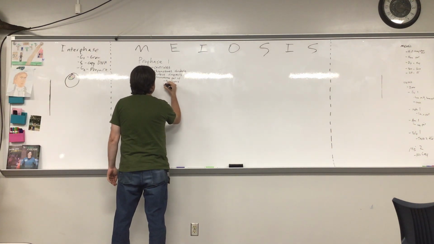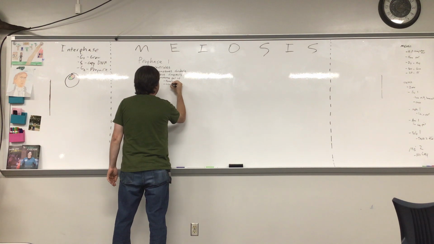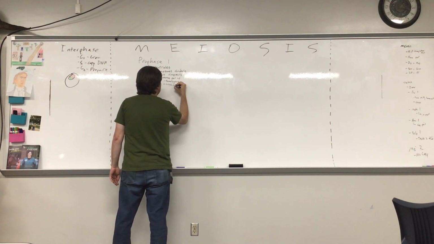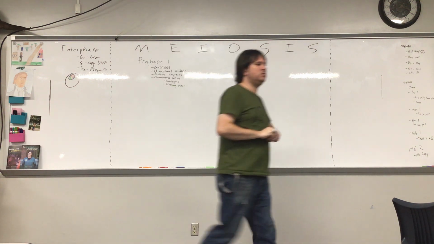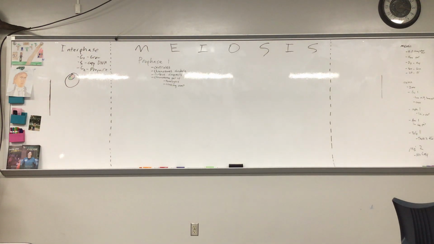And with those homologous pairs, you also get a thing called crossing over. So it's the same as prophase in mitosis, but also has a couple of extra steps.